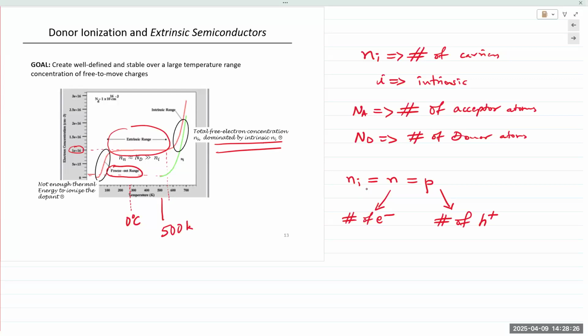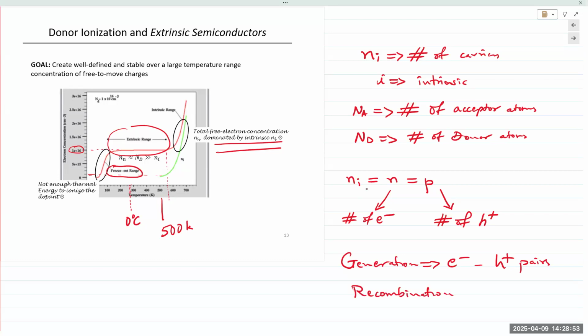Okay. That makes sense? So this process, that is generation, creates electron hole pairs. And then you have recombination.